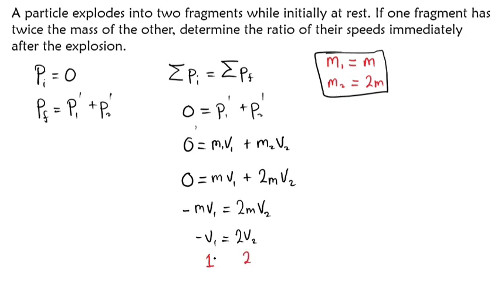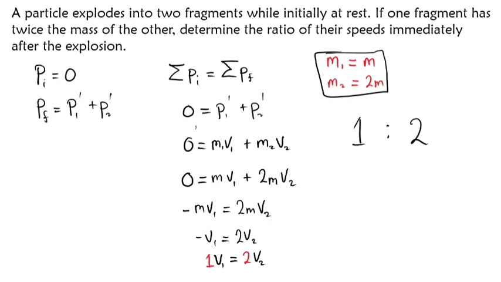The velocities we have are v1 here and v2 on this side. Since we just want the ratios, we can clearly see that velocity 1 is twice as much as velocity 2. So the ratio in this case is 1 to 2.